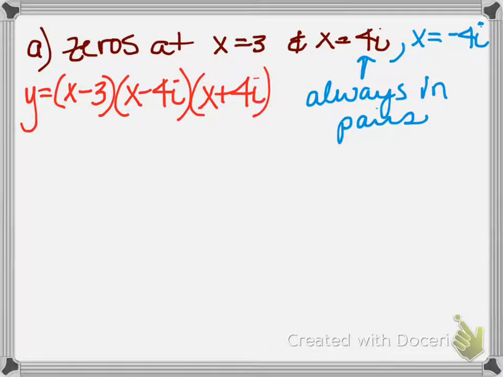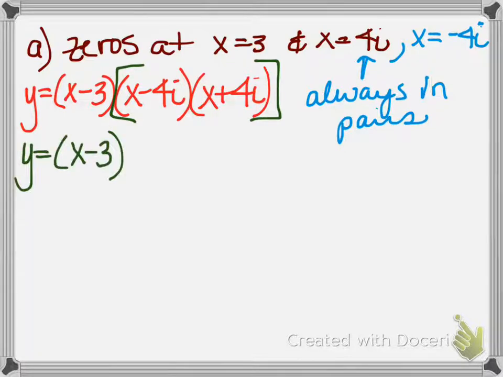And then we're going to FOIL or use our area model, whatever works for you. I like to get rid of the imaginary numbers first, so I'm going to start out with these two parentheses on the end, and I'm going to leave the x minus 3 alone for now. So y equals x minus 3. I'll FOIL this one. I'll do the next one with an area model, if that's okay with you guys.